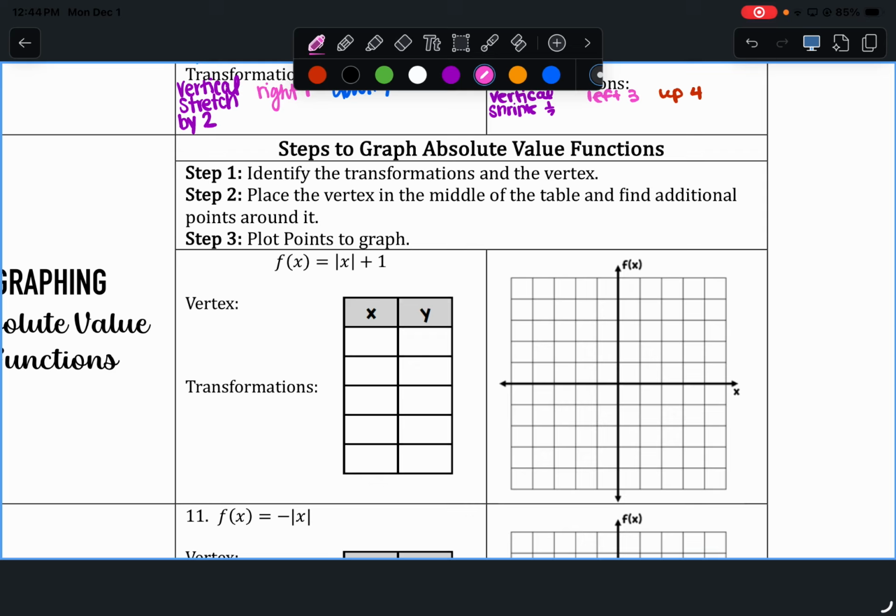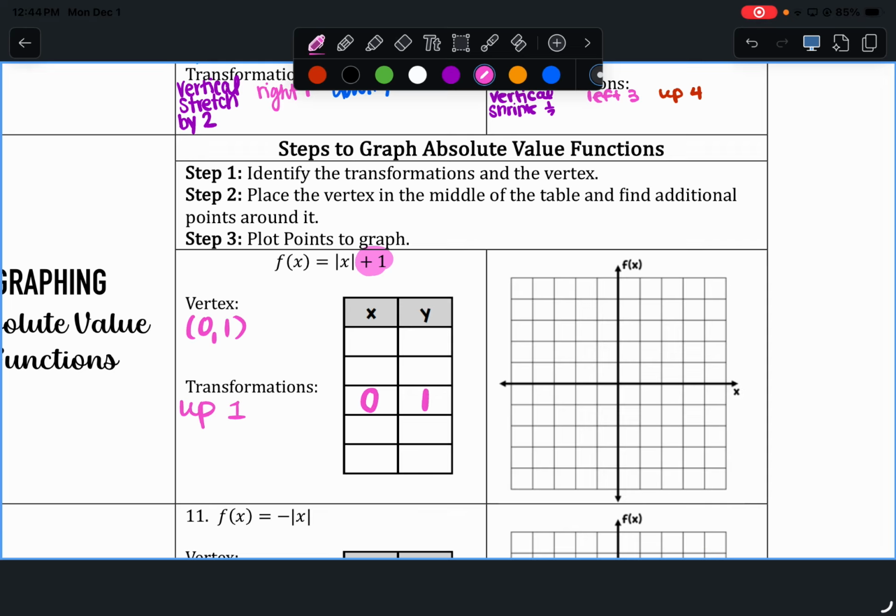So what is the transformations for this first graph right here? Up 1. Okay, we have +1, which causes it to go up 1. What does that do to the vertex? 0, 1. Okay, that is step 1. We can do that all day long. Step 2, you place the vertex in the middle of the table.